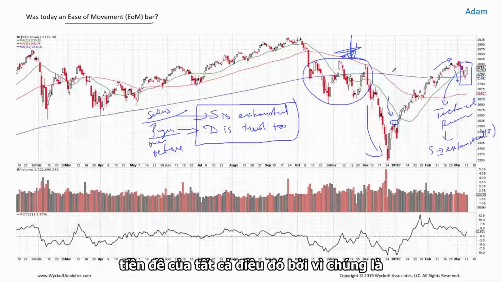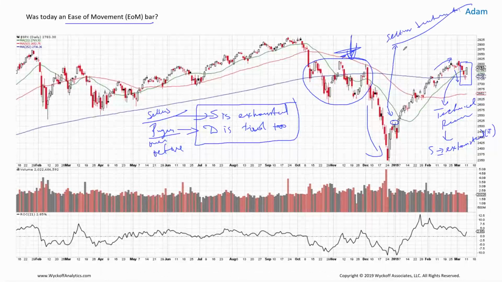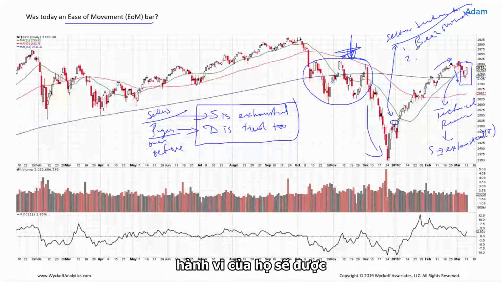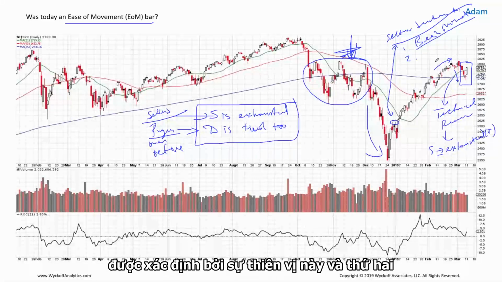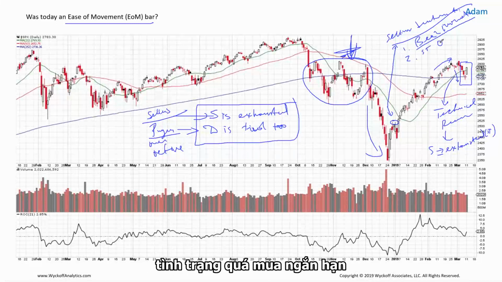Well, it's the sellers' sentiment. They are thinking that we are in the bear market. That's number one. So they are biased, and therefore their behaviors are going to be determined by this bias. And secondly, they think that we are in the short-term overbought condition.